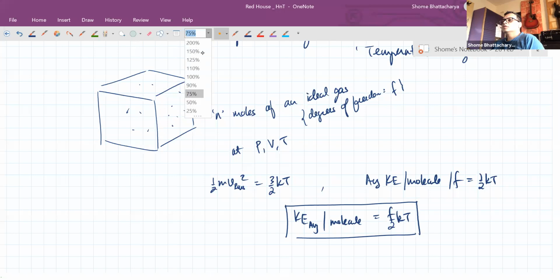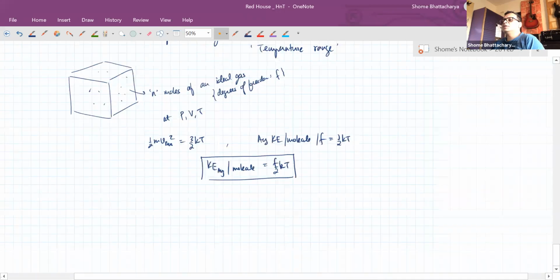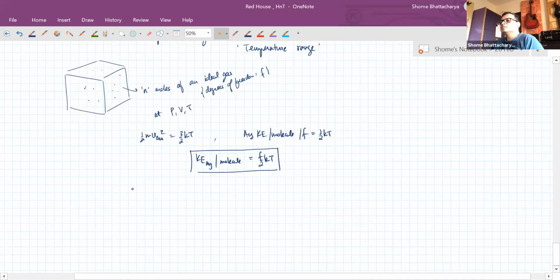So now the total kinetic energy of the gas molecules in the gas sample, this is what we refer to as the internal energy of the gas.